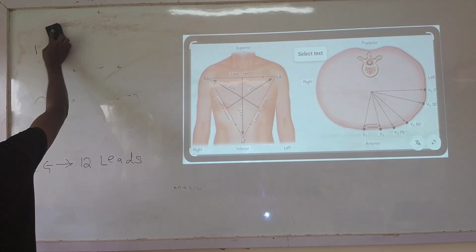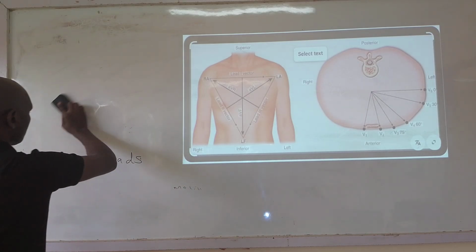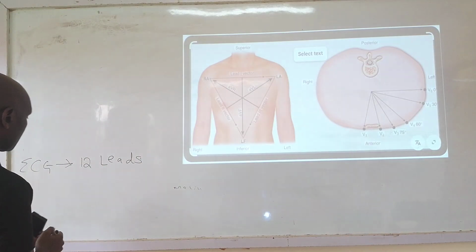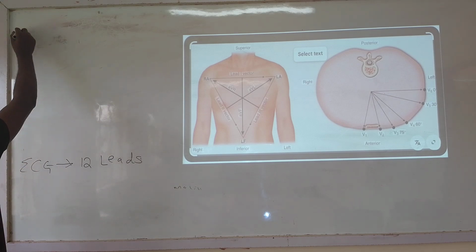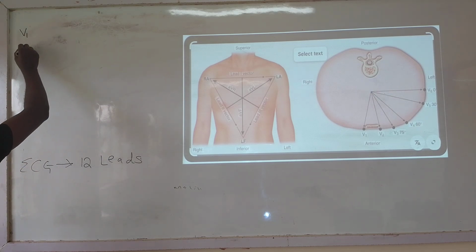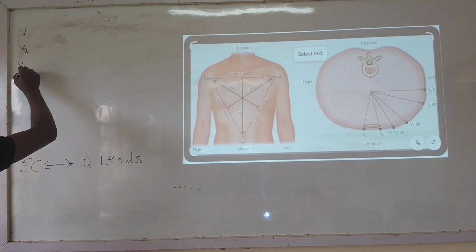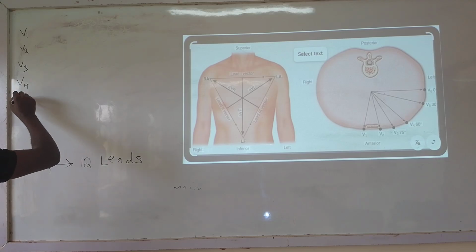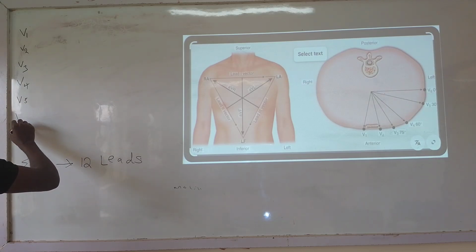Remember we said our chest electrodes are 6 and they are named V1, V2, V3, V4, V5, V6.